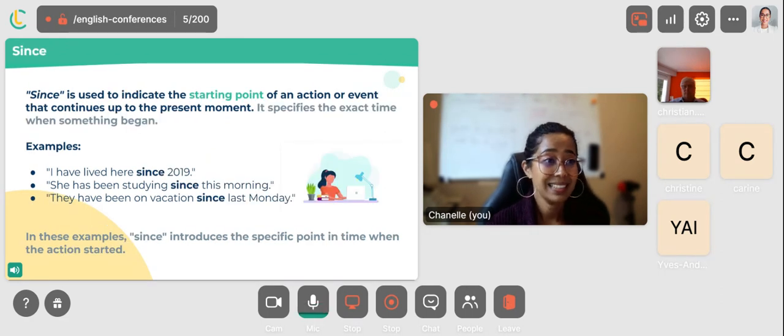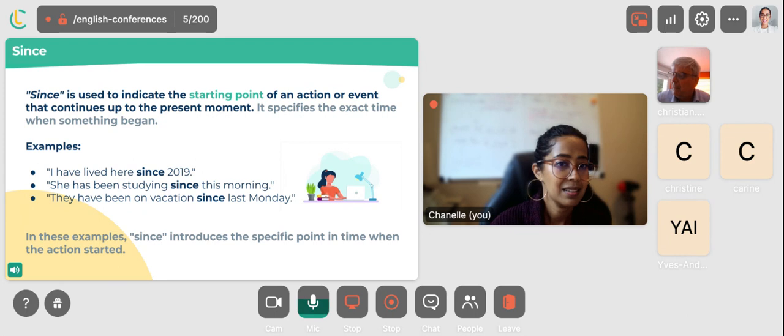Let's look at since. Since is used to indicate the starting point of an action or event that continues up to the present moment. It specifies the exact time when something began. For example, I have lived here since 2019.